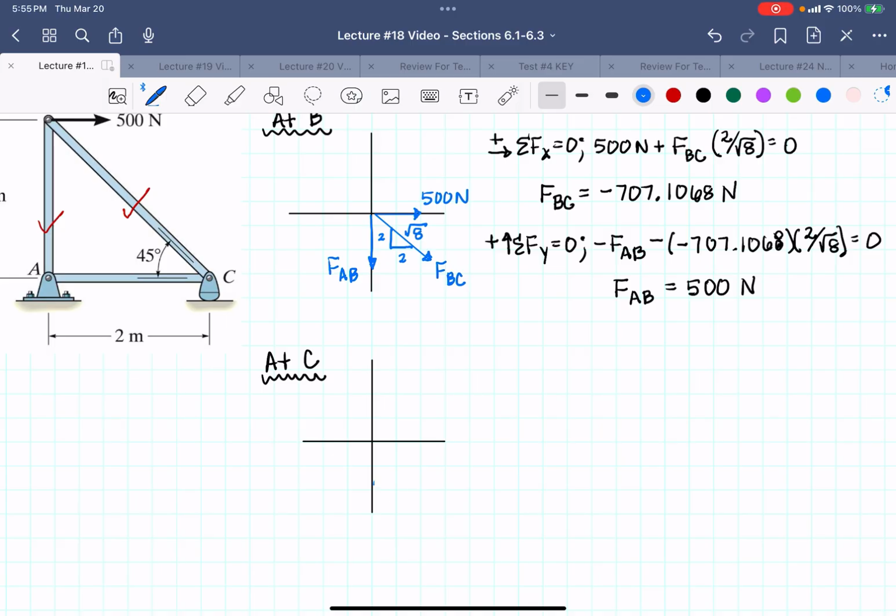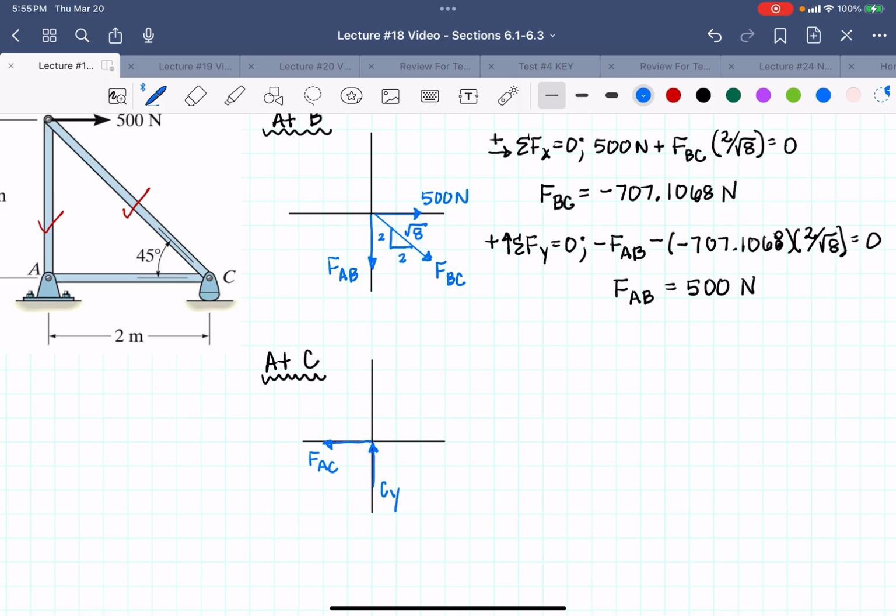We've got CY going up because it's a rocker, so it only has an upward force. To the left, I have FAC. Remember, I'm assuming that it is in tension.